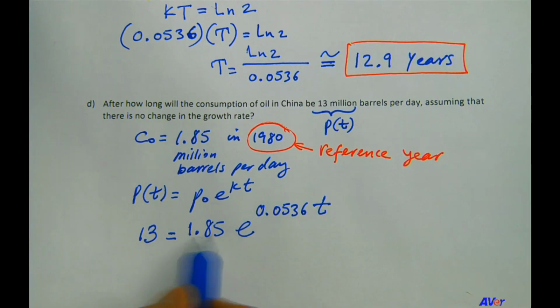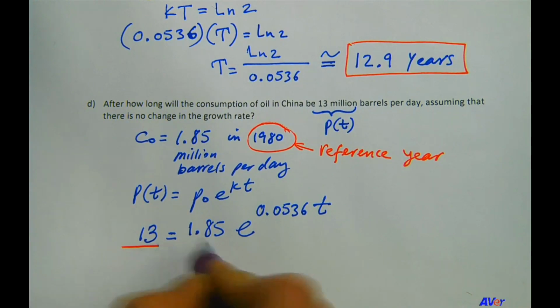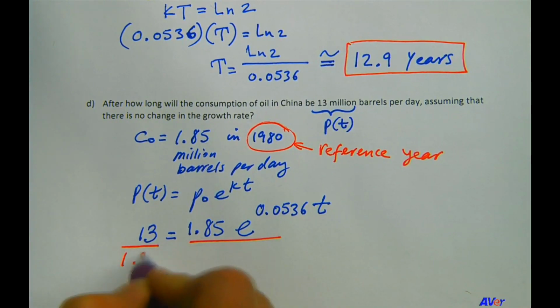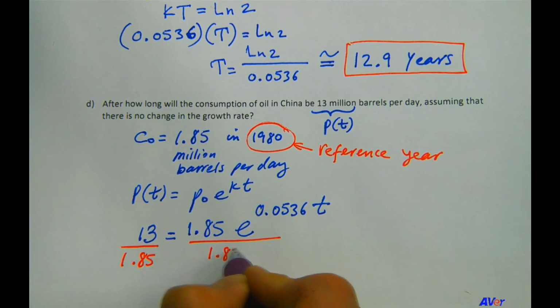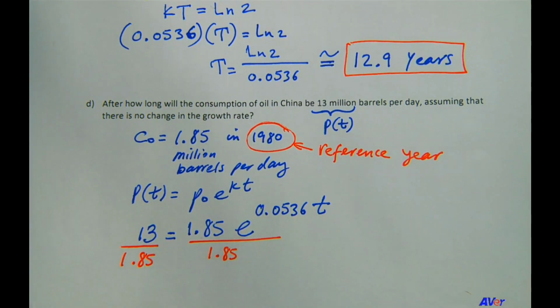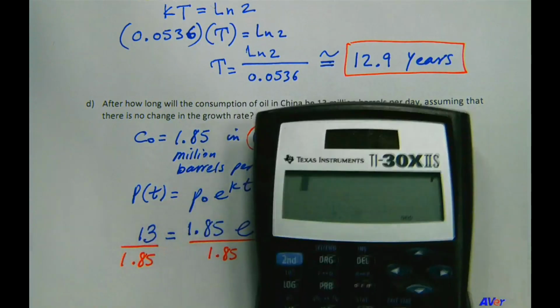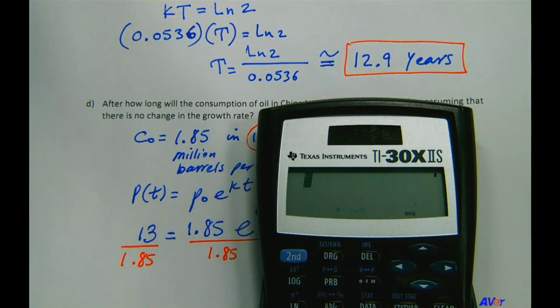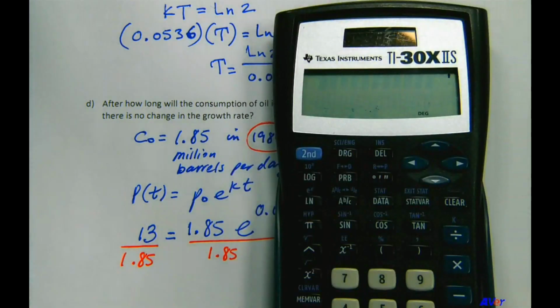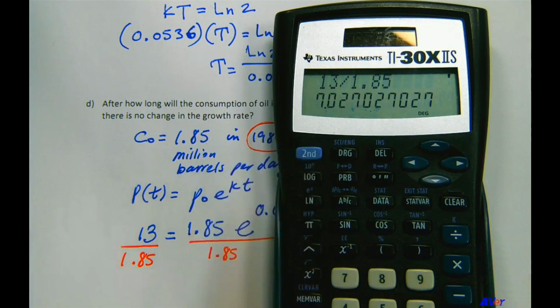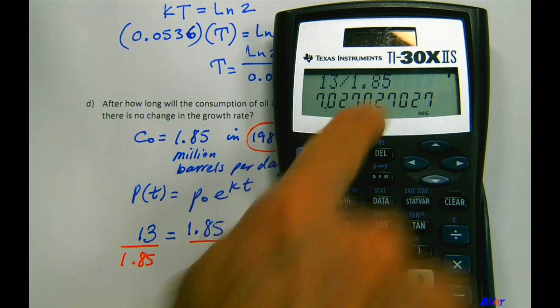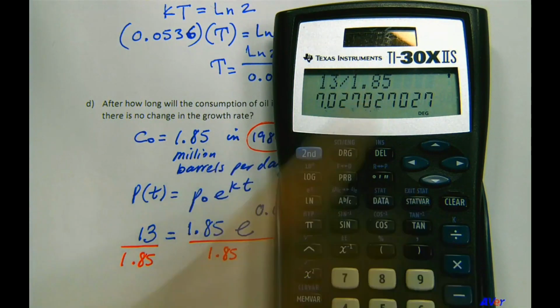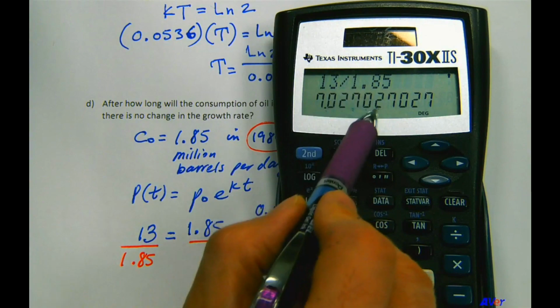So the first thing is get rid of this 1.85, right? How do we get rid of that? What's the technique? We divide both sides by 1.85, like that. So what do we have on the left side? The 13 divided by 1.85. Okay, 13 divided by 1.85, it's 7 point something, right? I'm going to keep all the way to that 2, and round that 2 to 3.